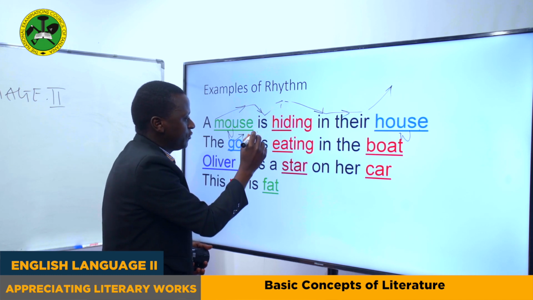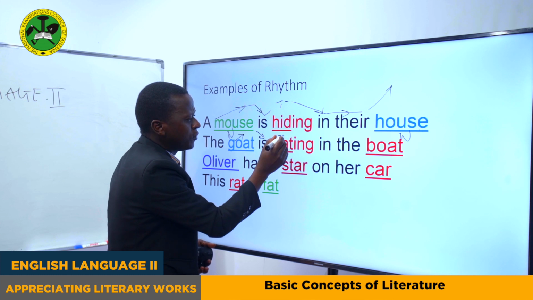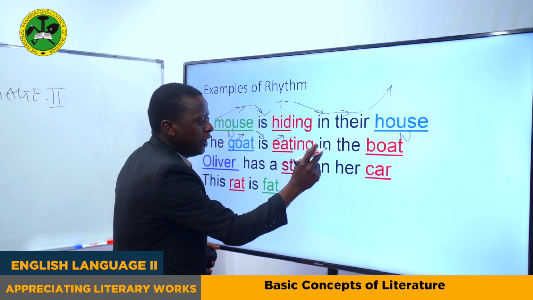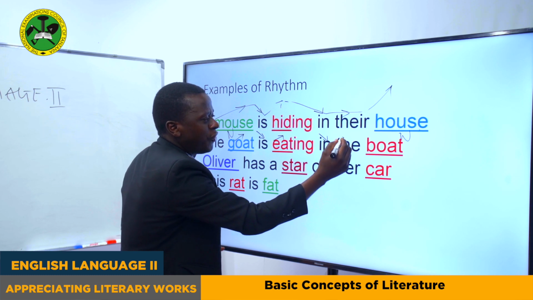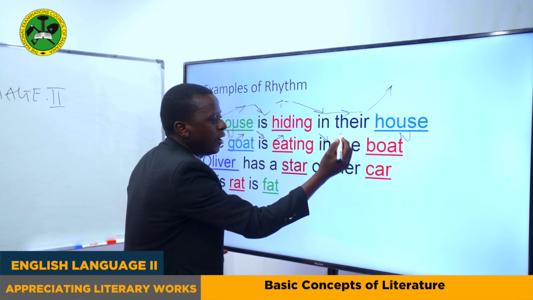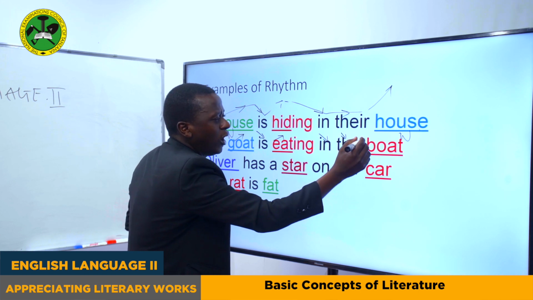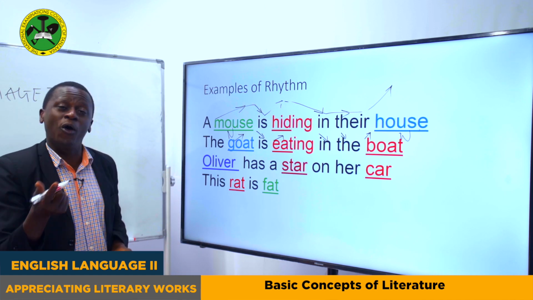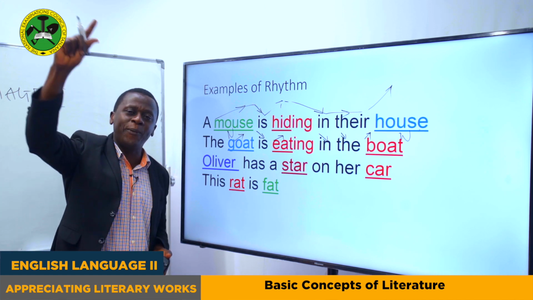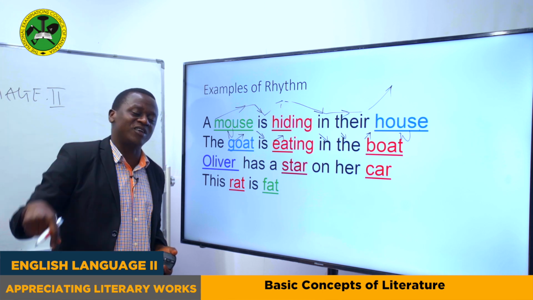Here it will go down. "Eating" will go up. "In" is a preposition, the voice will go down. "The" is an article, so the voice won't receive a stress. "About" will receive a stress. So you find that your poem goes up and down, up and down. The up is stressed and down is unstressed.